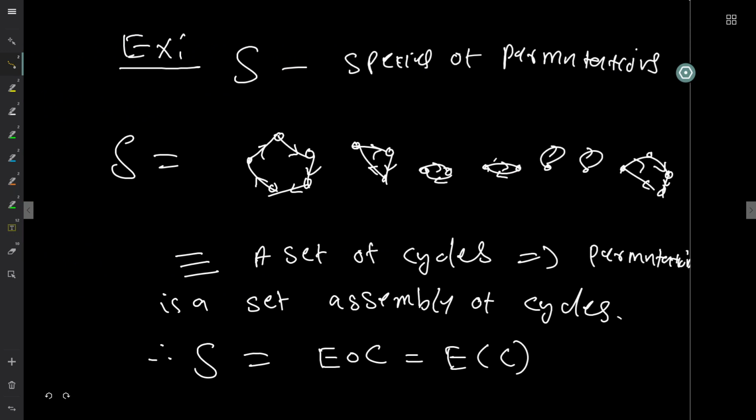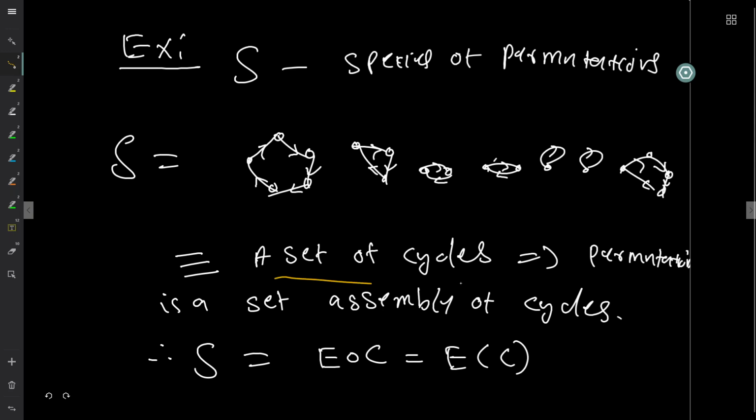Now, as an example, let us look at the species of permutations. We know that a permutation is basically represented by cycles, so you can decompose the elements into cycles. Any permutation is basically a collection of cycles, which is a set of cycles.